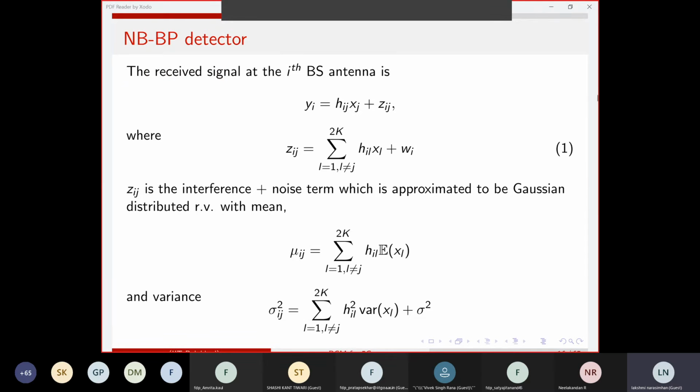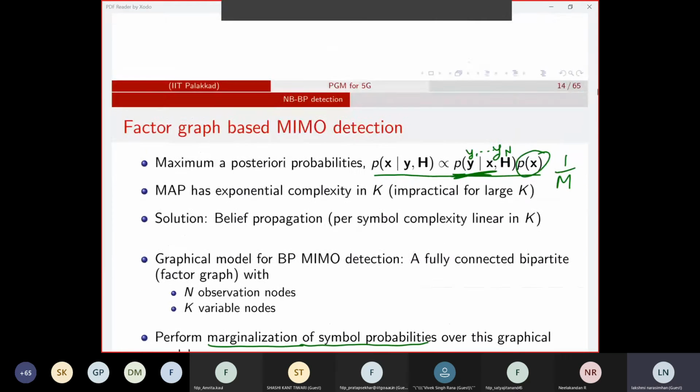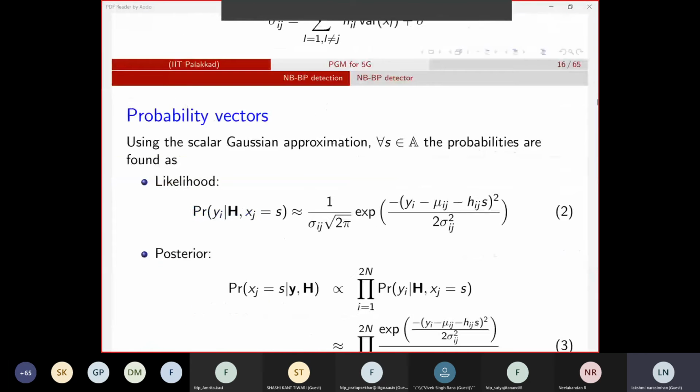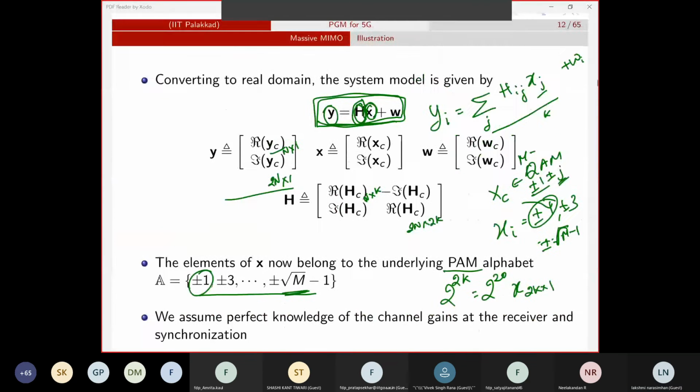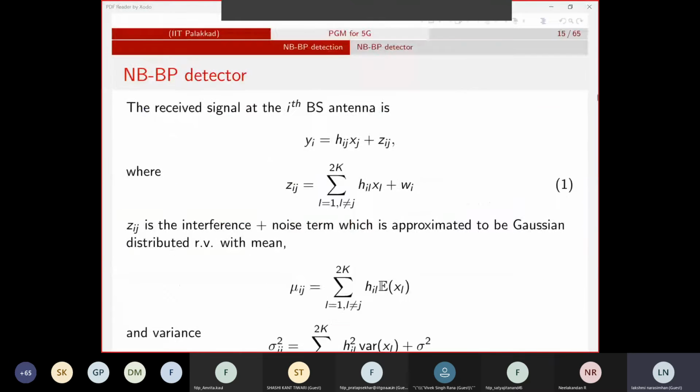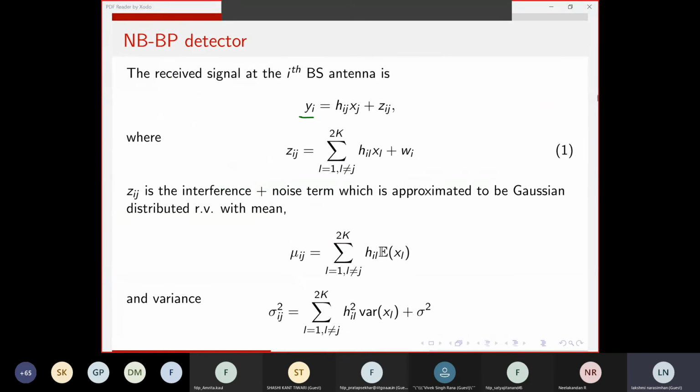First we observe that we'll rewrite this equation that we had written earlier as yi is equal to hij xj plus zij. Remember, we had just a summation here.